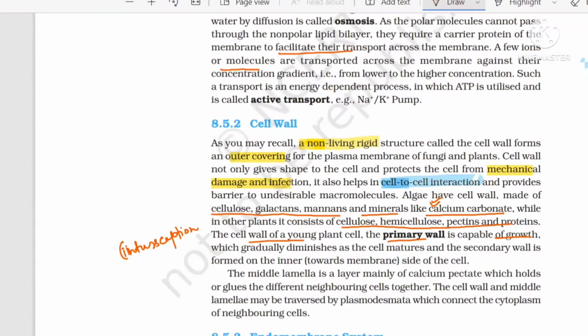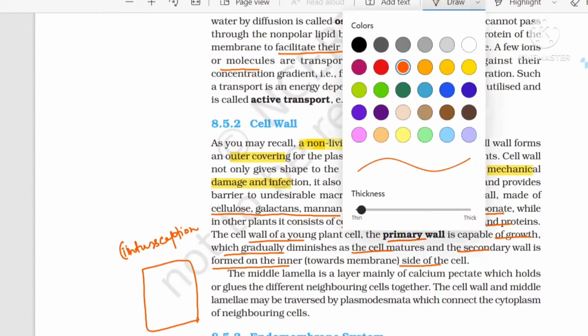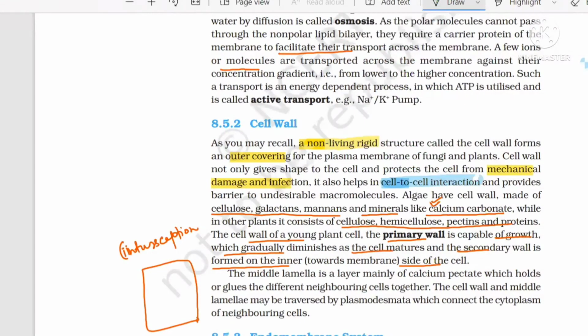Only one cell wall is the primary cell wall. Secondary cell wall is many layered, which gradually diminishes as the cell matures, and the secondary wall is formed on the inner side of the primary. If you remember, we have already studied that primary is outermost and secondary is made inner. Now, you can do one thing: if you want, you can draw this way. This is the primary cell wall, and make 2-3 lines of the secondary cell wall.